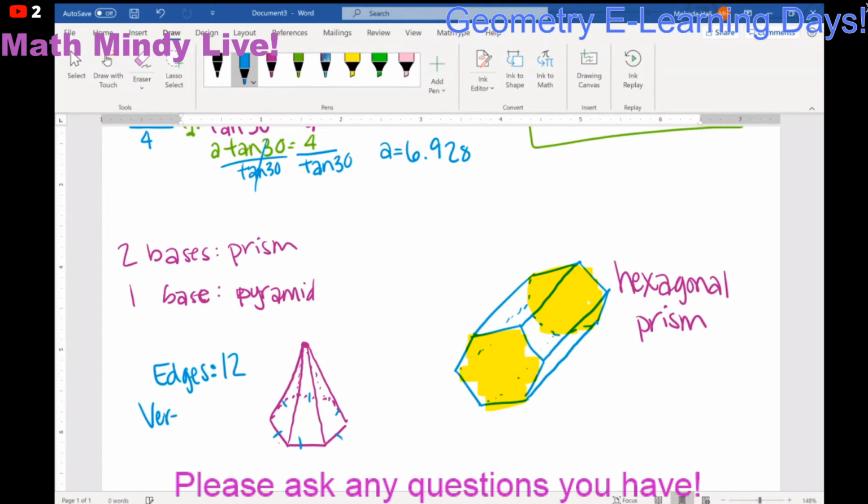And then for vertices with this, normally it would have letters on it, but you're just counting basically where two lines come together. We'd have 1, 2, 3, 4, 5, 6, 7, like that. And so on the test, you'll just have to be able to tell me how many. You don't have to be able to actually name them.